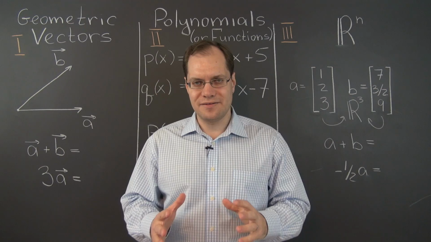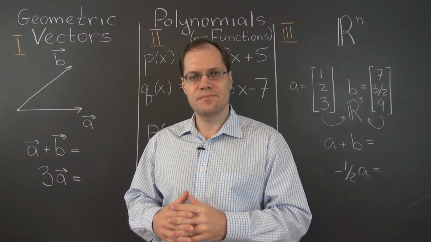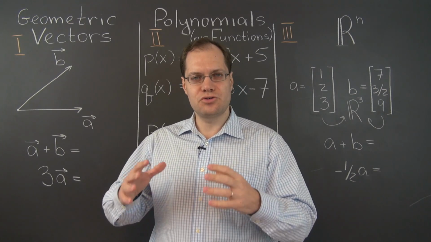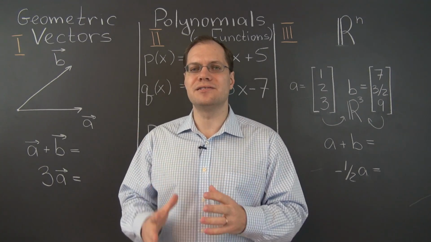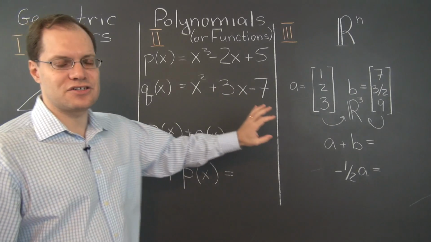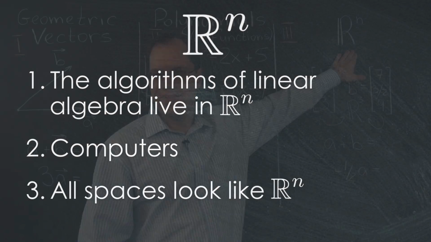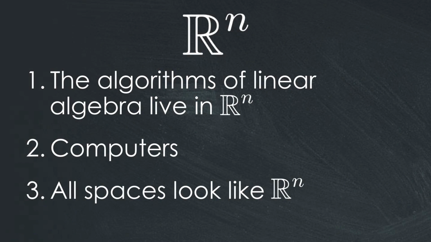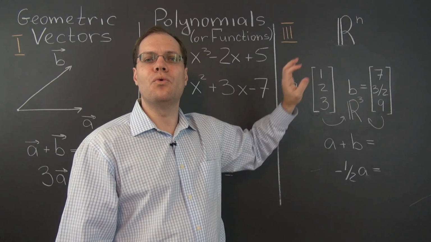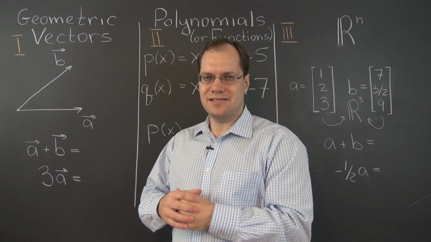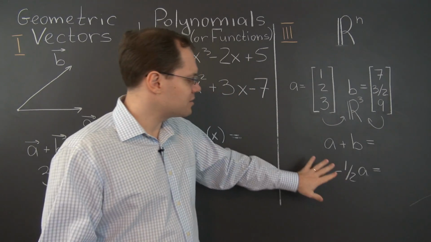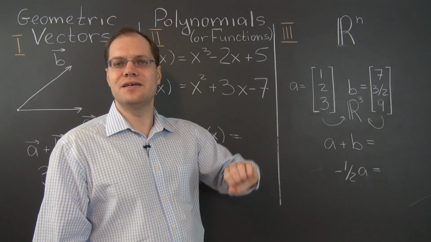And then finally, later on in the course, we will show that there is a way to draw a one-to-one correspondence, really an equivalence, between any kind of vector and Rn. So by studying Rn, we're actually studying all of the other vector spaces. And that's the importance number three of this space.